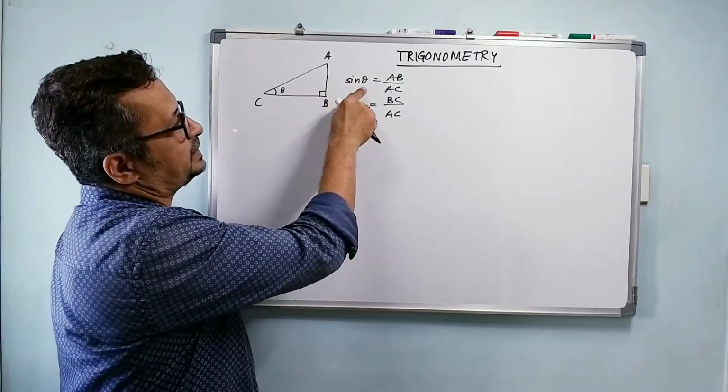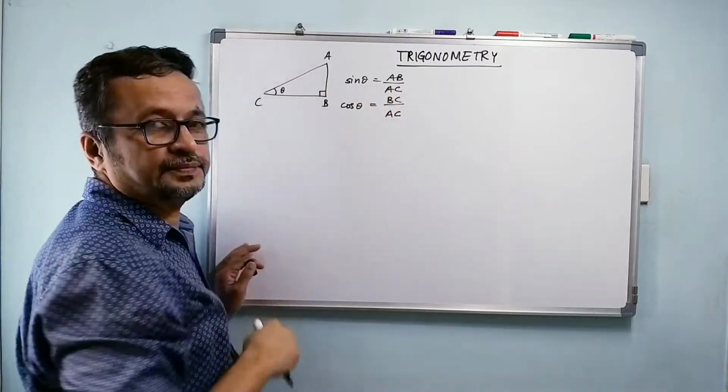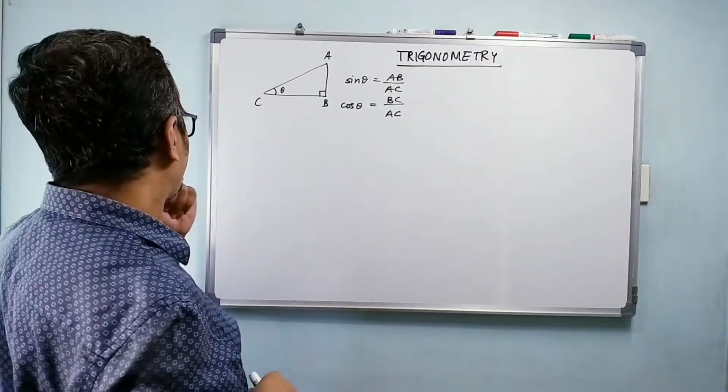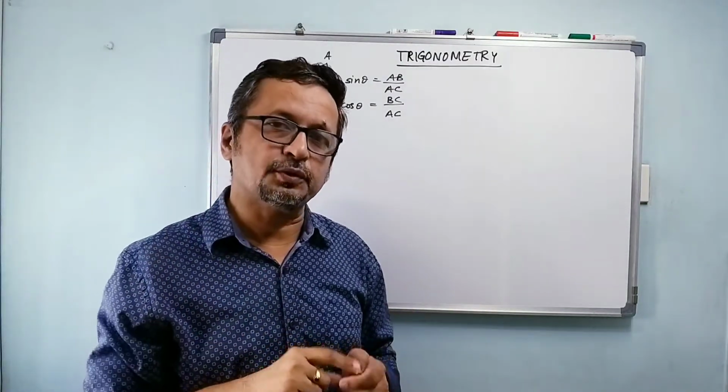My sine theta, it is opposite upon hypotenuse, correct? Now here just consider that theta is equal to 0 degree.